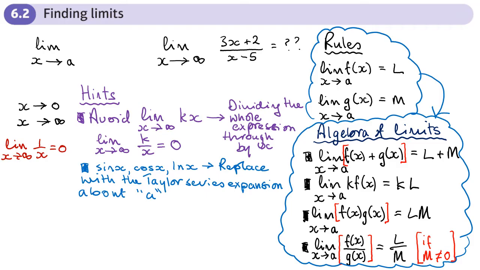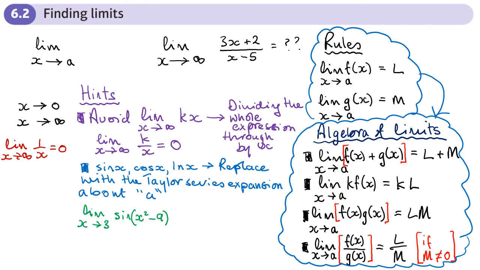So for example, let's say I needed to find the limit as x tends to 3 of sine of x squared minus 9. You can see really as x tends to 3, this is going to tend to 9, and we're going to get sine 0 over 0, so that's no good.